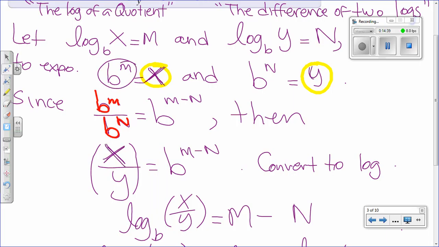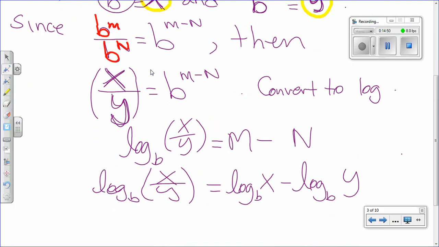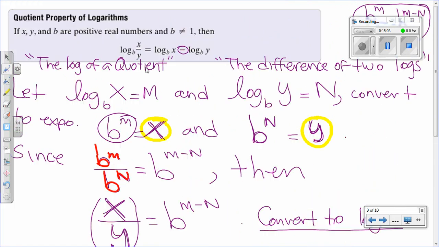And then y is equal to b to the power n, so we substitute y over here. And after that, we converted to log. So we got log base b of x over y equals m minus n. And then finally, we substituted m and n with what we had from the beginning, right here. And we are done with that proof.